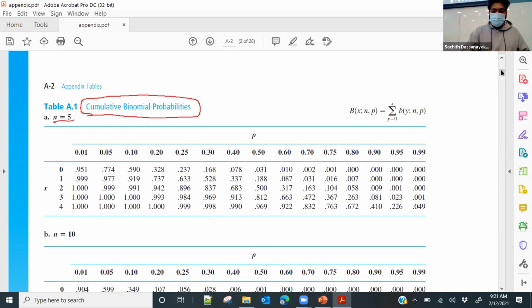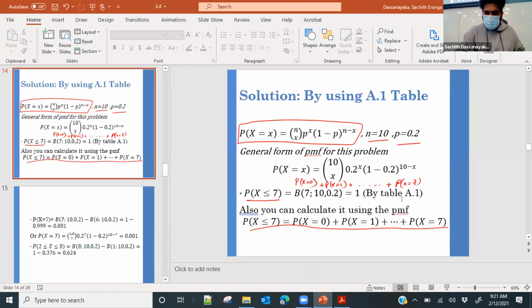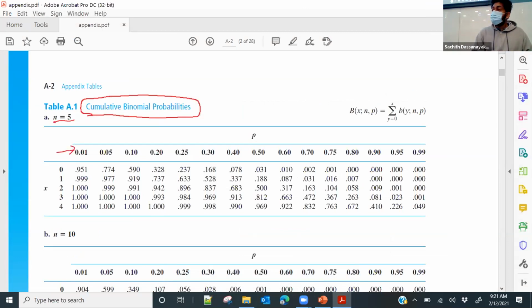Okay, let me go back to our problem. We have n equals 10, so yes, we can use that table. We need to find probability of X less than or equal to 7. These are the probability values, and these are the n values.